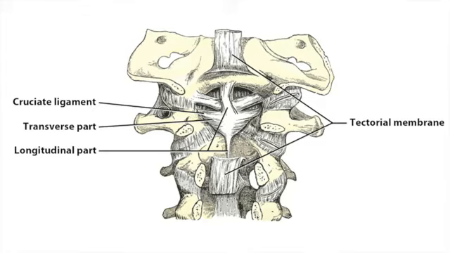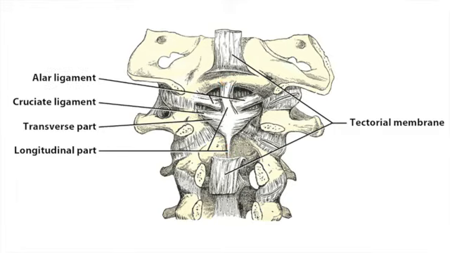As mentioned previously, the transverse ligament spans the right and left lateral masses of the atlas, running between the dens and the spinal cord in the vertebral canal. The superior band attaches to the occipital bone at the anterior edge of the foramen magnum, while the inferior band attaches to the body of the axis inferior to the dens.